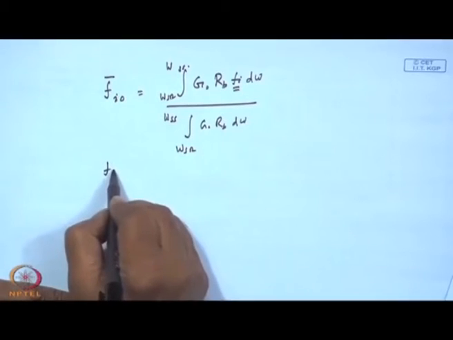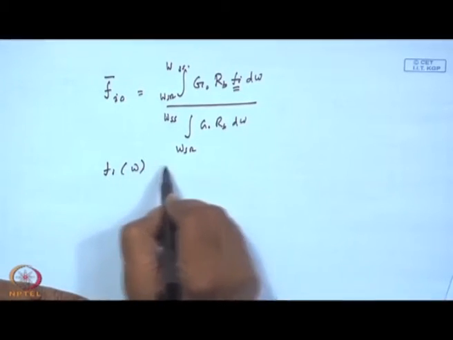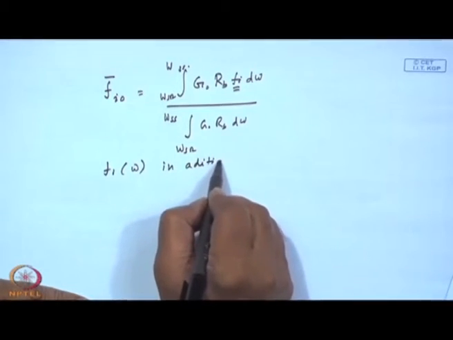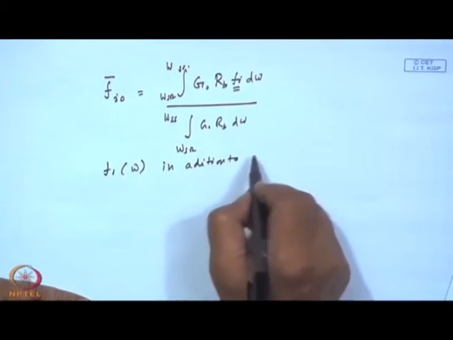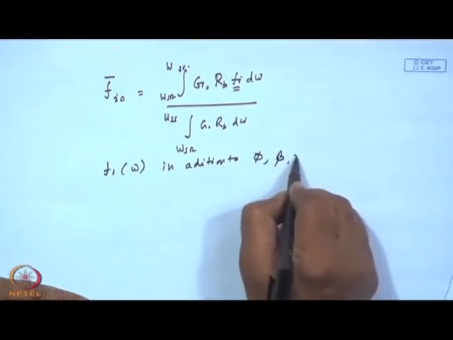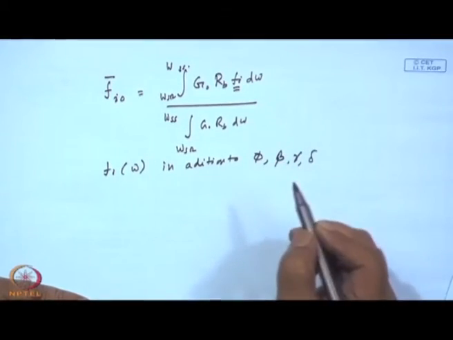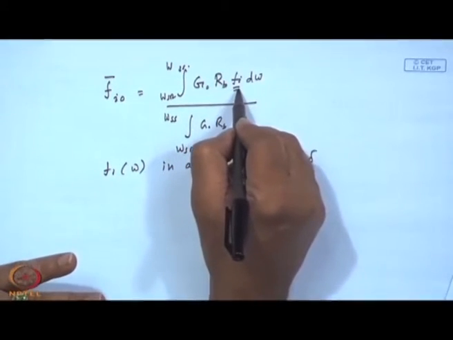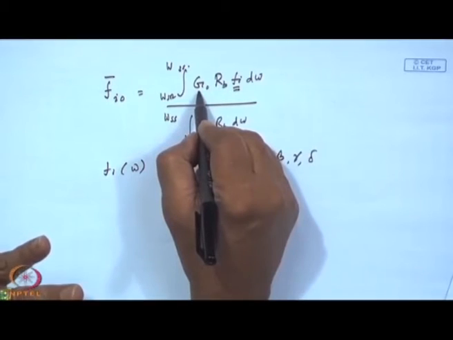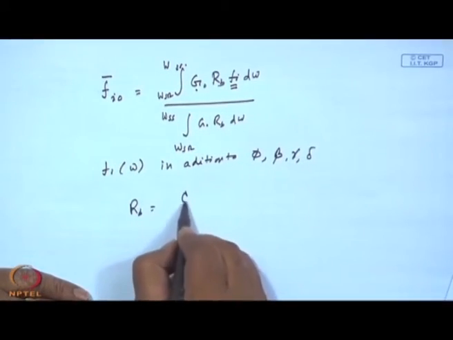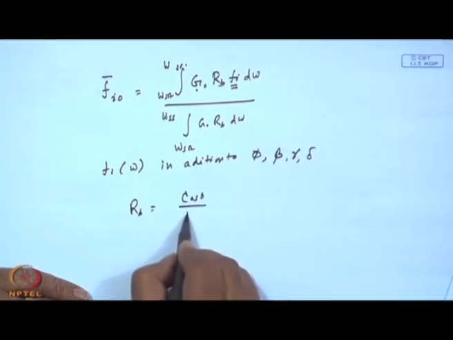This Fi is a function of omega in addition to, of course, phi, beta, gamma, delta. So, it is a function of time, and if I can have an algorithm for Fi, G0 is analytical, and Rb is your original cos theta by cos theta z.